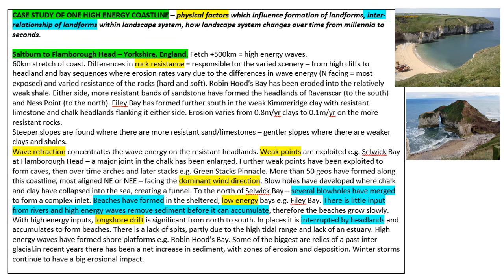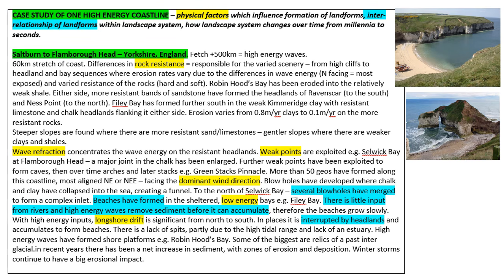So, for example, Green Stacks Pinnacle. There are more than 50 geos formed along this coastline, with the majority aligned facing the dominant wind direction of northeast, north-northeast. And blowholes have also developed where the chalk and clay have collapsed into the sea, creating that sort of funnel effect.